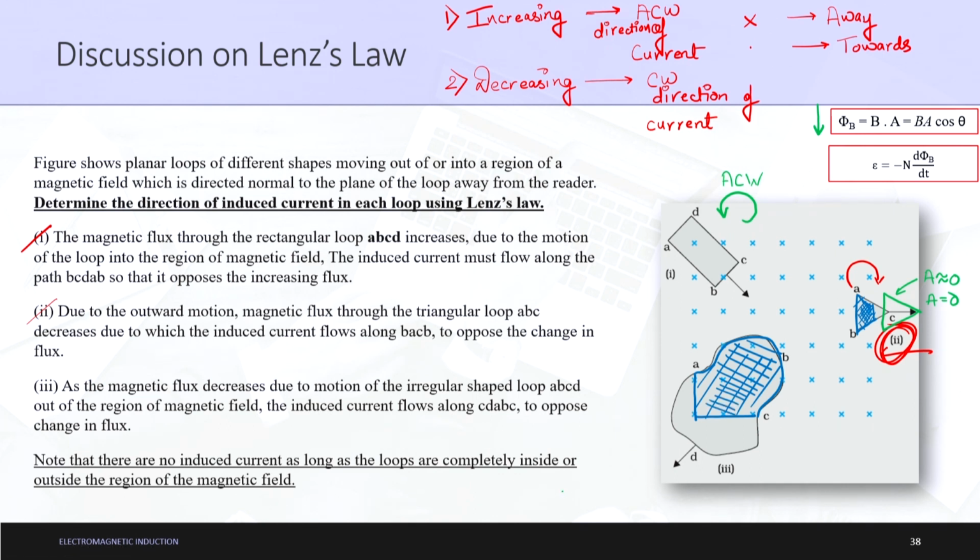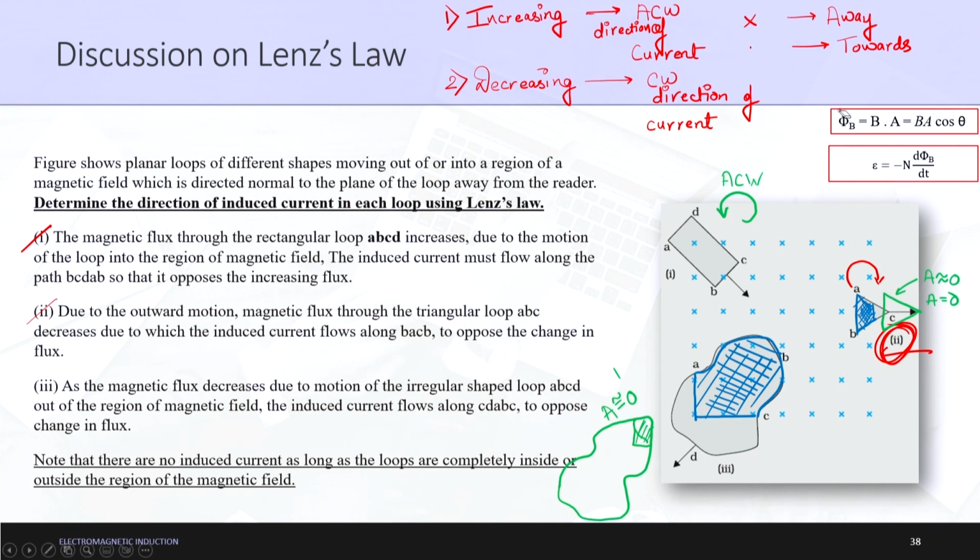After some time t, I will try to make a similar diagram. After some time t, the area is almost 0, or if we are very near this portion, a little bit of the part can be under the influence, but the overall concept is that the phi B value will decrease.